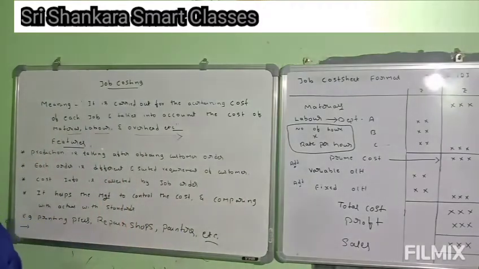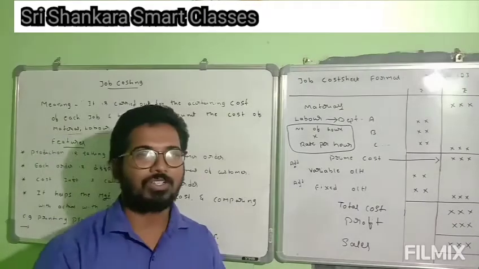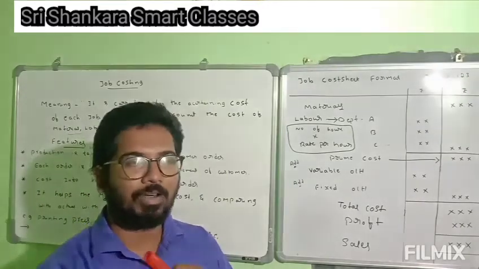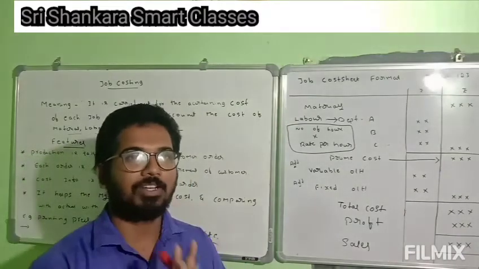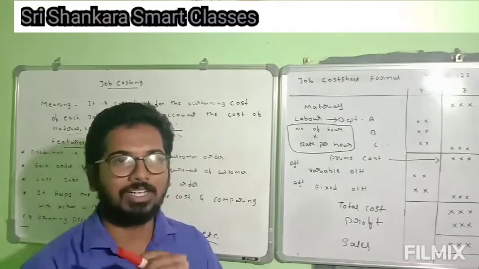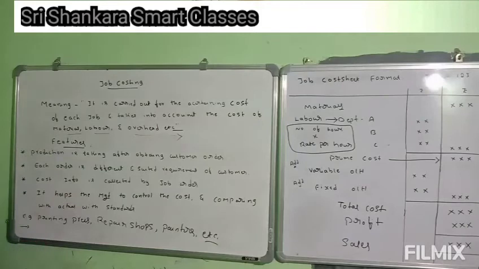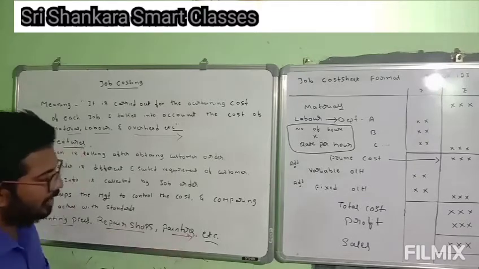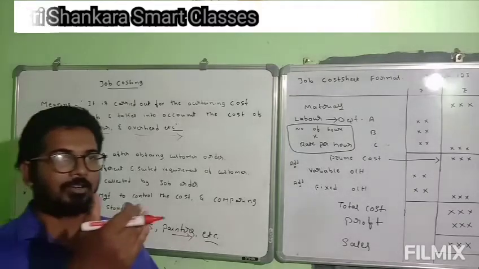So we have certain features, and we can easily elaborate the features of job costing. Based on each order of the customer, you can prepare a separate job cost sheet. For example, you can take different job costing examples: printing press, repair shops and painters. For each and every order, they prepare a separate job list.